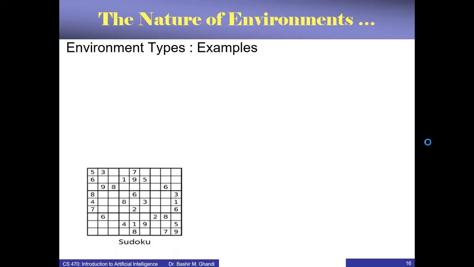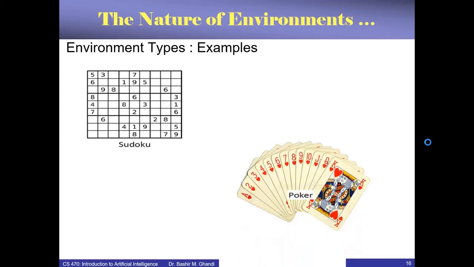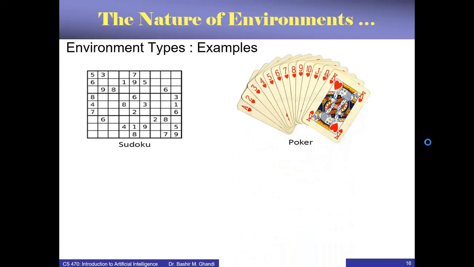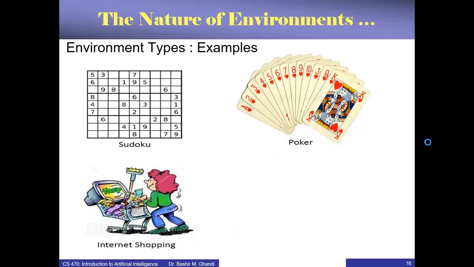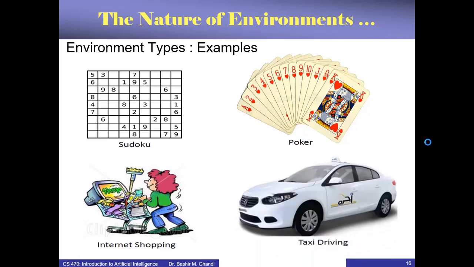Specifically, we will look at 4 agents: an agent trying to solve a Sudoku game, an agent playing a poker game, an agent trying to do internet shopping, and then finally an agent trying to drive a taxi automatically.